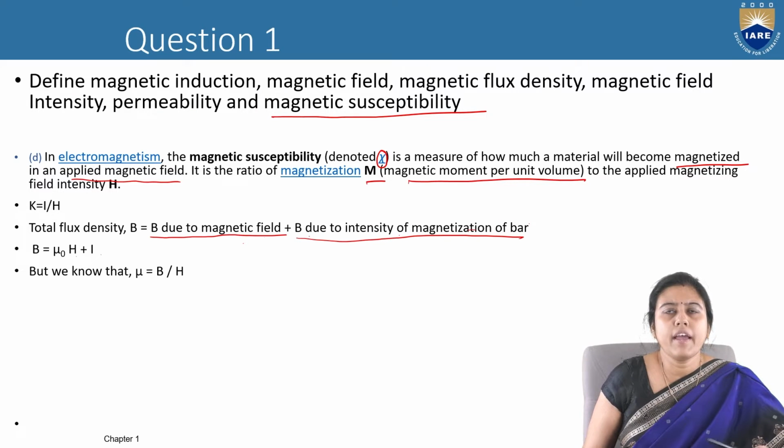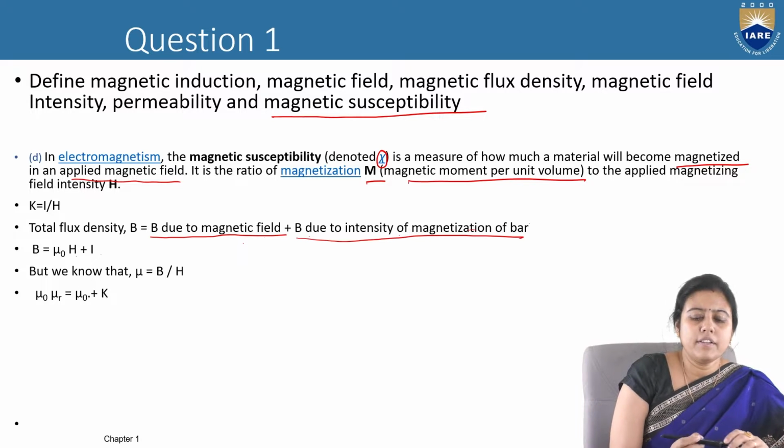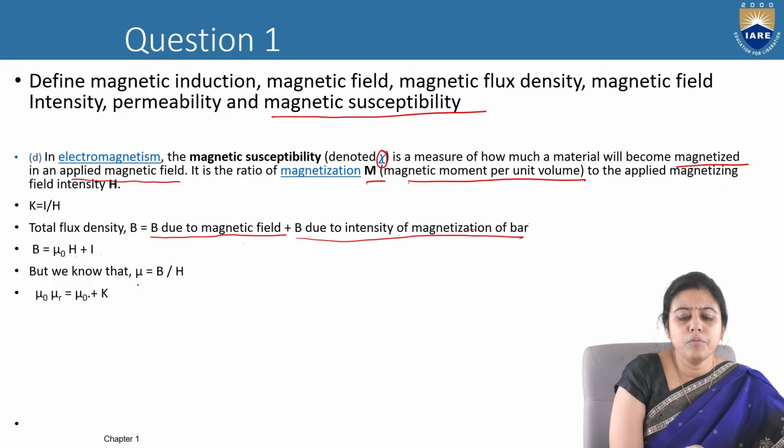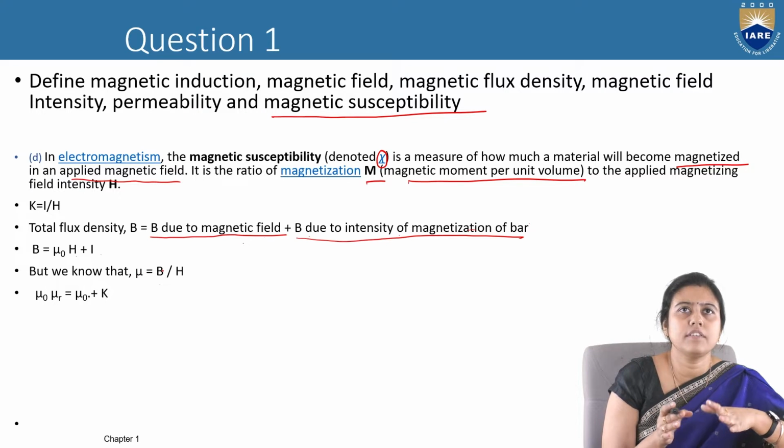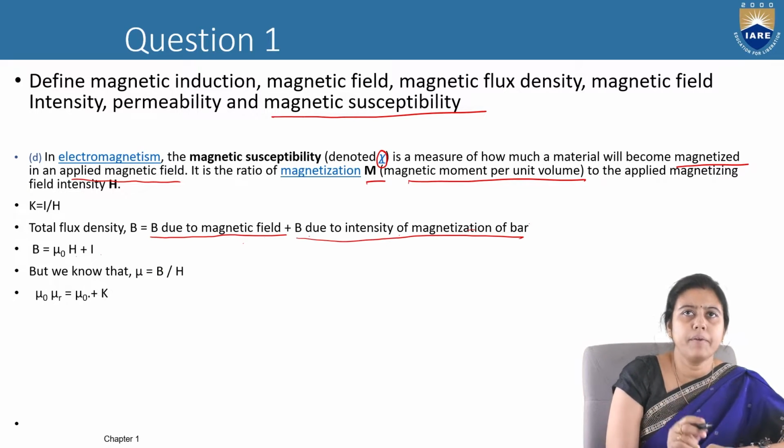So again, we know, what is B? B is equal to mu plus B by H. What is B? B is the total flux density, or flux density of the medium.